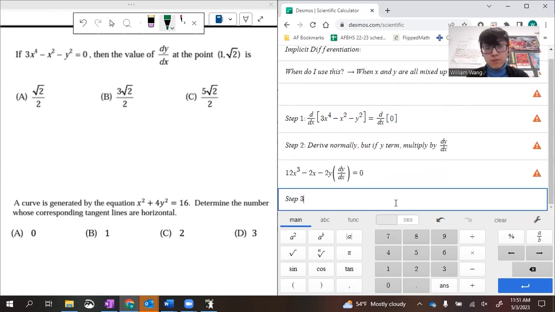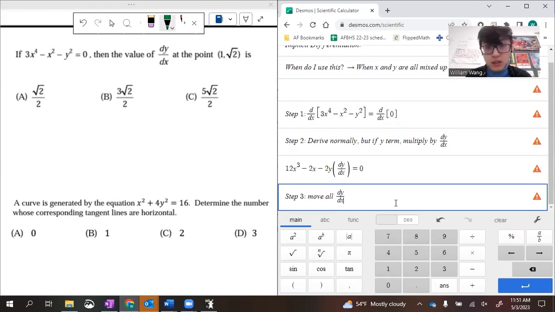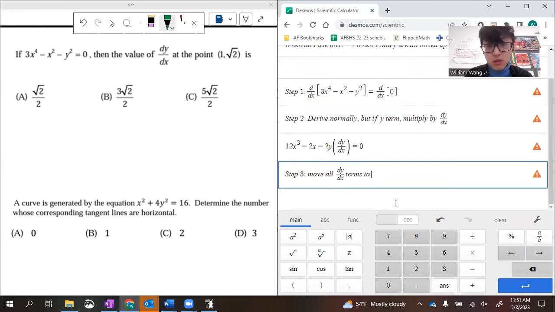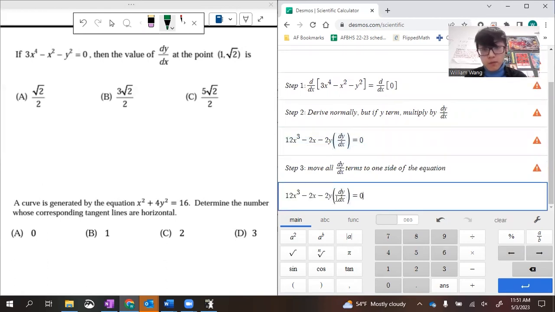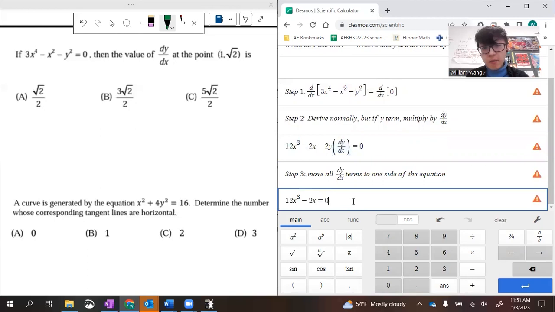All right, step 3 is move all dy over dx terms to one side of the equation. To do that, I'm going to move this 2y dy over dx term. Those are all multiplied together. I'm going to move it to the other side.